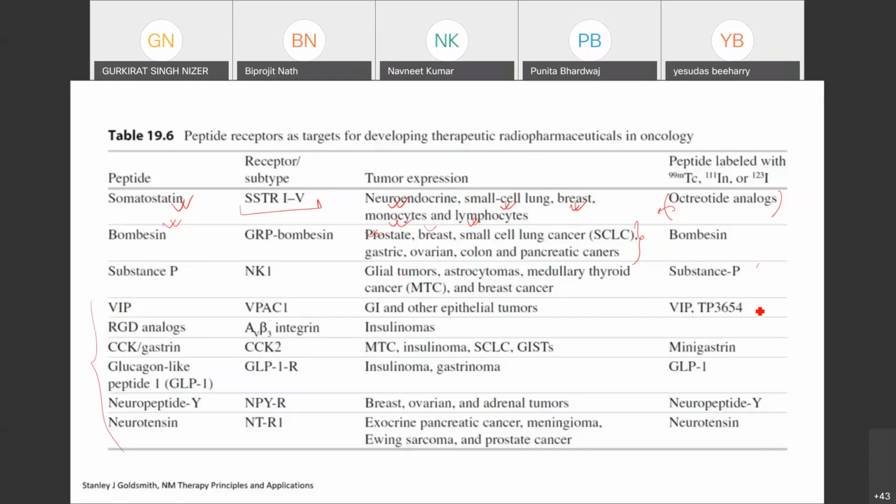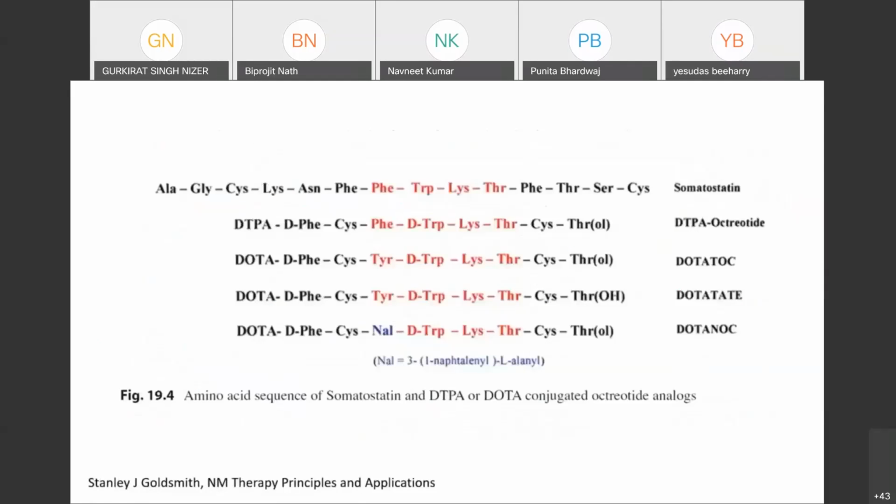Those are the corresponding agents which can be radiolabeled for imaging. That's the original peptide sequence of somatostatin, and that's what we are trying to copy. It has phenylalanine, tryptophan, lysine, threonine, and we can chemically make similar peptides. For example, we can make D-Phe octreotide.